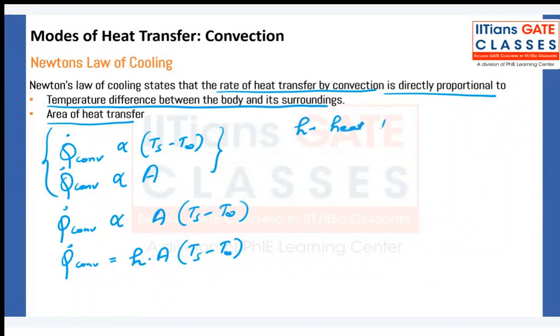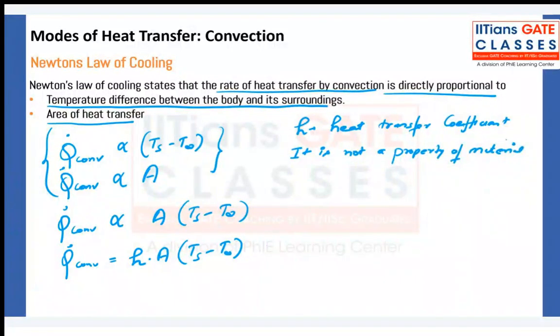A very important characteristic of this heat transfer coefficient is that it is not a property of material. Thermal conductivity, we have seen, is a property of material, but heat transfer coefficient h is not a property of material.